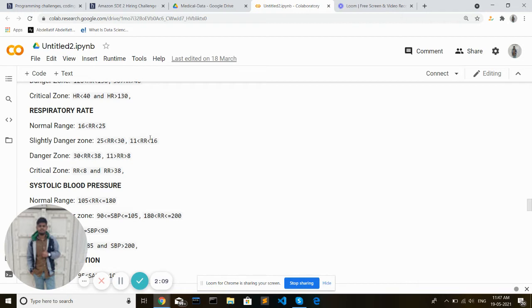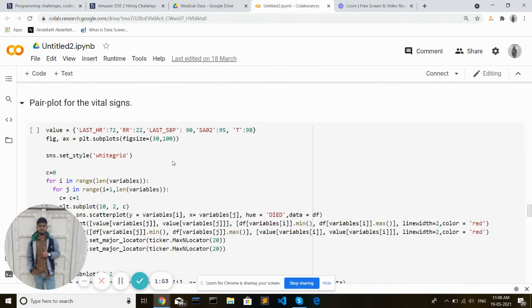So when the patient is admitted, it is 100. But when the patient's condition goes wrong according to the measurements, it would decrease from that 100. That's what we are going to do in the later stages.